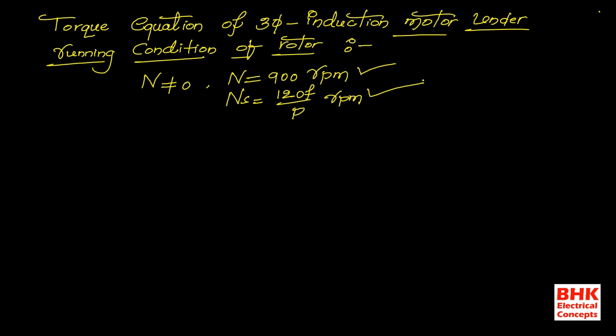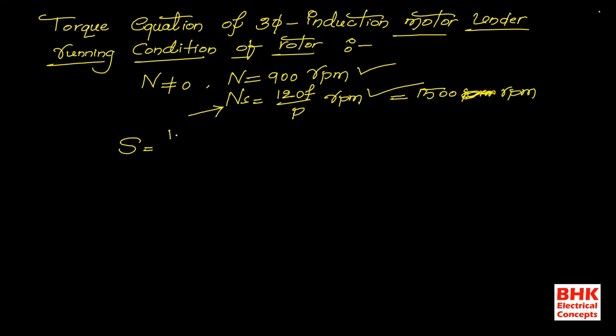The rotor is under rotating condition, so for the synchronous speed, for example, I am assuming Ns is equal to 1500 rpm, and here N is the rotor rotating at 900 rpm. Now you can directly use these two values for getting the value of slip.